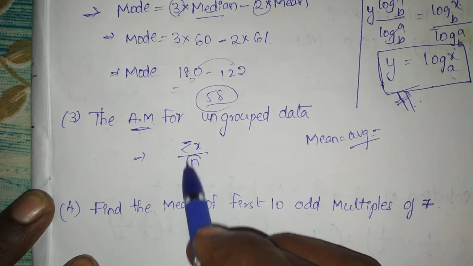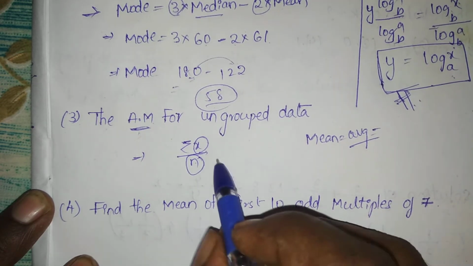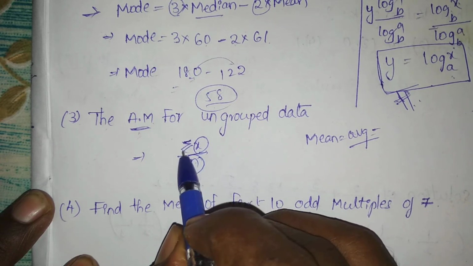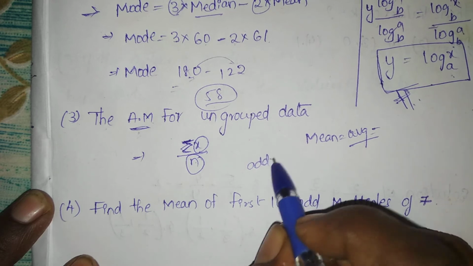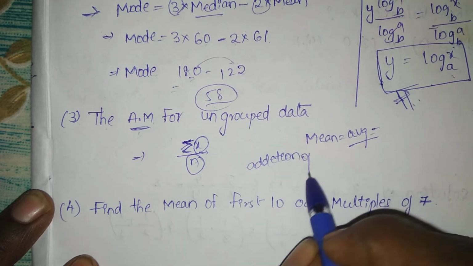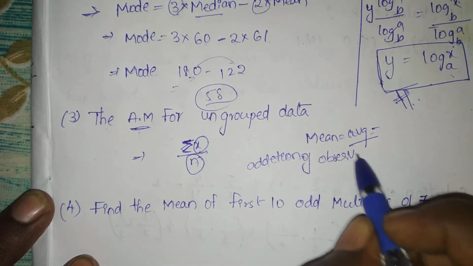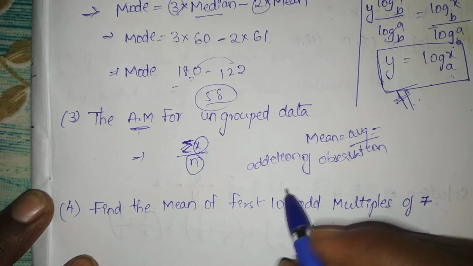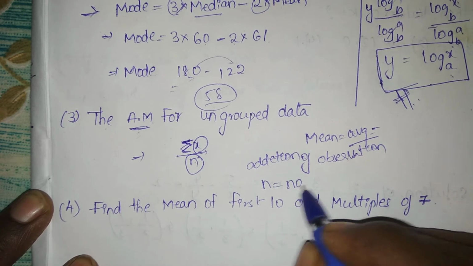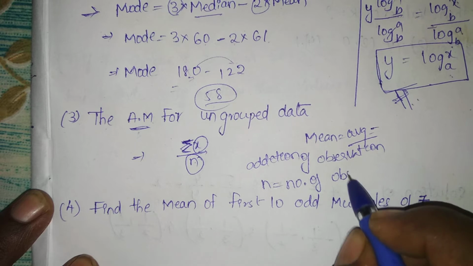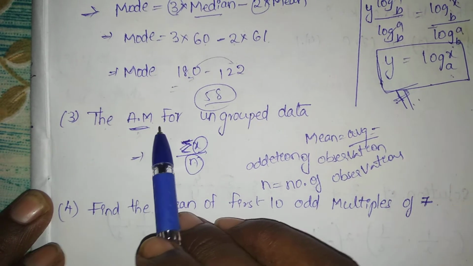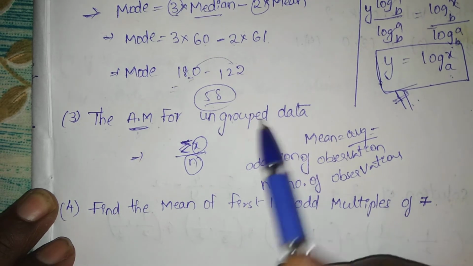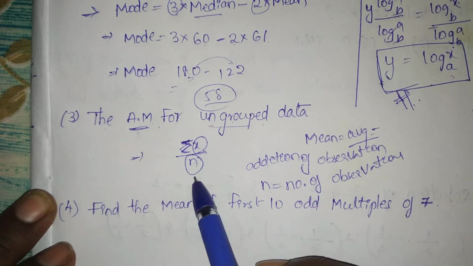Here x is the observations, summation indicates the addition of observations, and n is equal to the number of observations. Just simple: the arithmetic mean for ungrouped data is summation x by n.